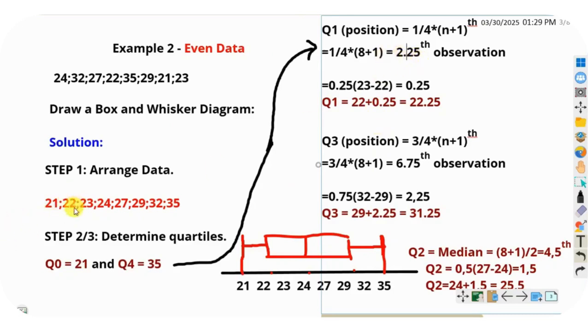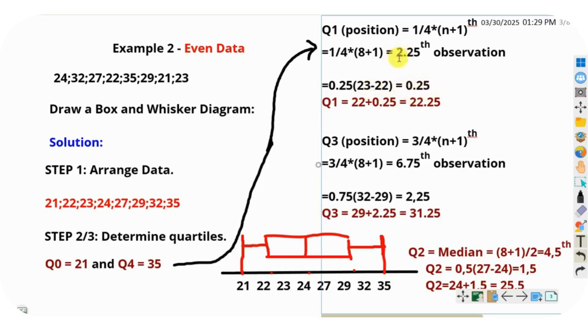It's after 2, but not after 3. So we take the difference of those two values, 23 minus 22, multiplied by 0.25. Because the difference here is 1, the answer is 0.25.